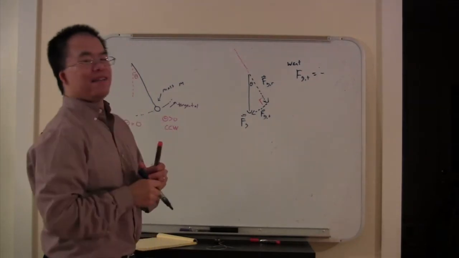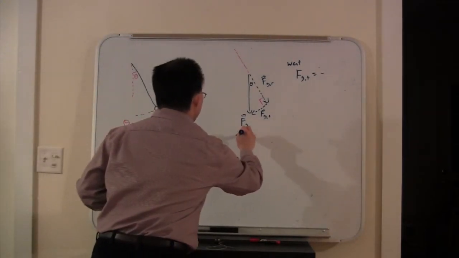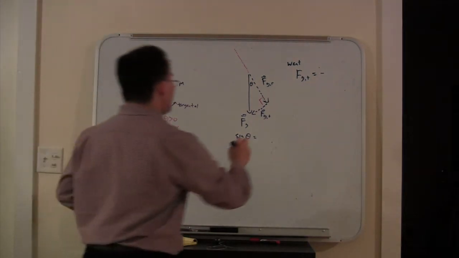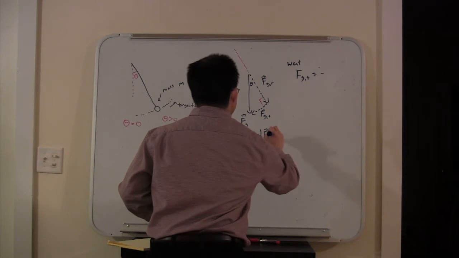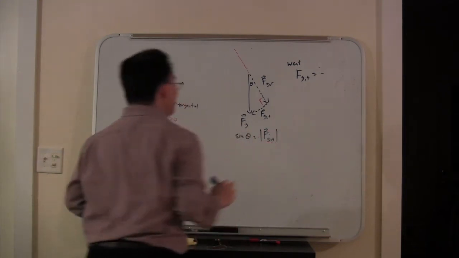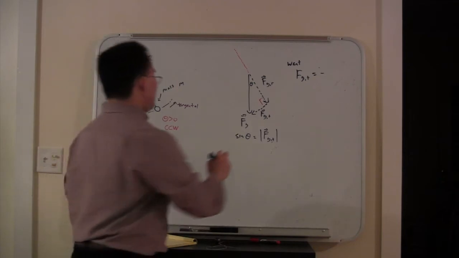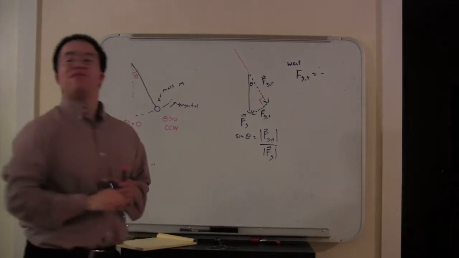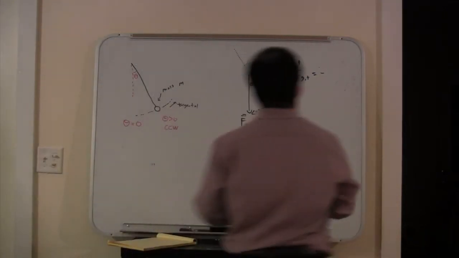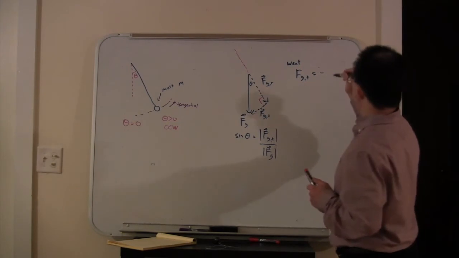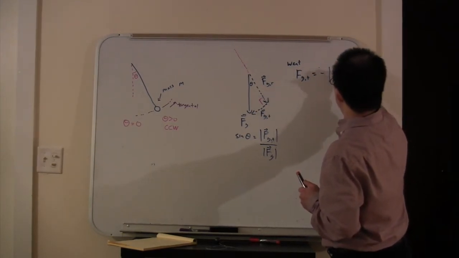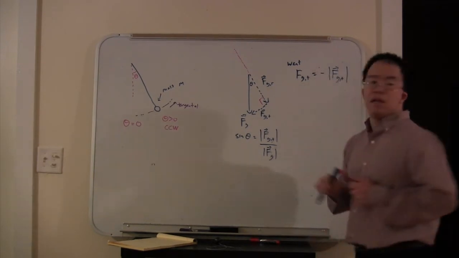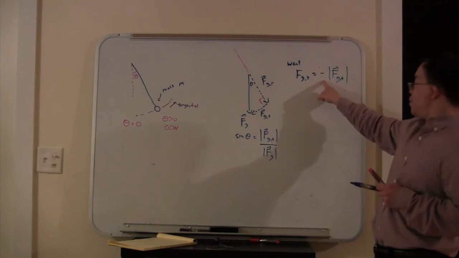So it turns out that sine theta, you'll remember that's opposite over hypotenuse, is going to be the magnitude of Fg t over the magnitude of the gravitational force Fg. So we got this from the geometry.